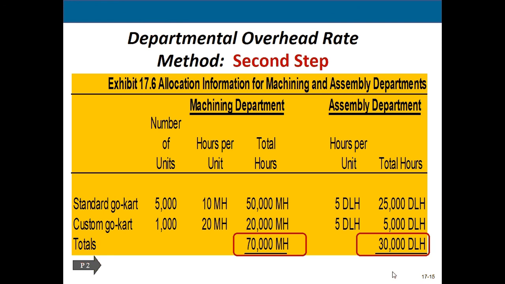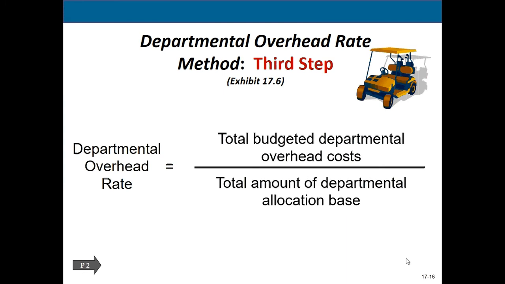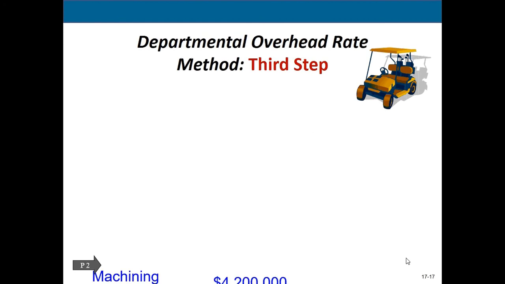The rest of it, you already know how to do. We take the estimated overhead dollars for each department, divide it by this activity base of 70,000 hours and 30,000 hours to come up with our rate. Here's what it looks like: the total budgeted departmental overhead cost and total amount of the allocation base.